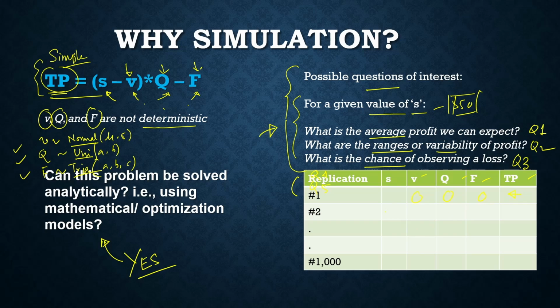And then there will be a second replication, and some other values of V, Q, F, and TP. In this way we can have a lot of replications. And see, this is not a problem because we are using computer programs, so you can have 1,000 replications or 10,000 replications or 50,000 replications or 1 lakh replications, doesn't matter.